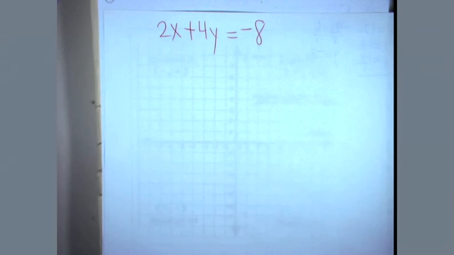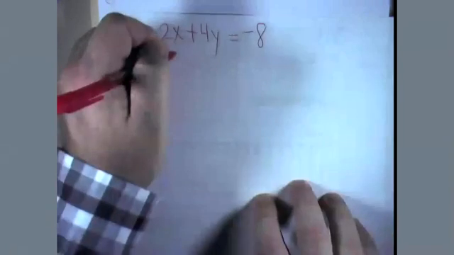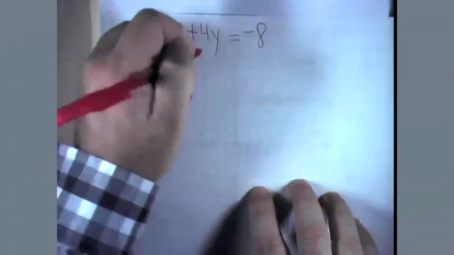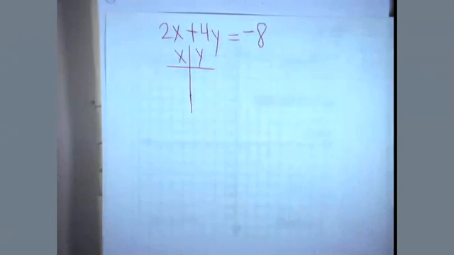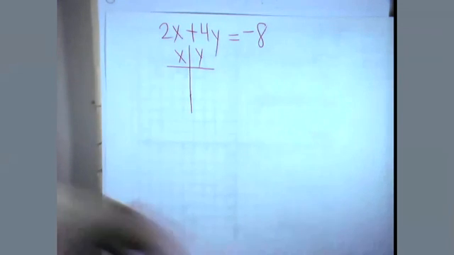The first step is to draw your XY table. When I'm picking my points, if I have X and Y on the same side of the equation, then I just simply use 0 for X and 0 for Y.